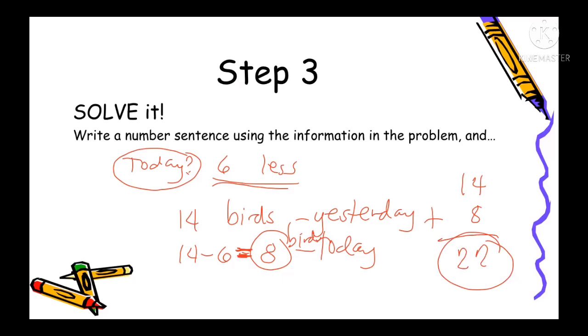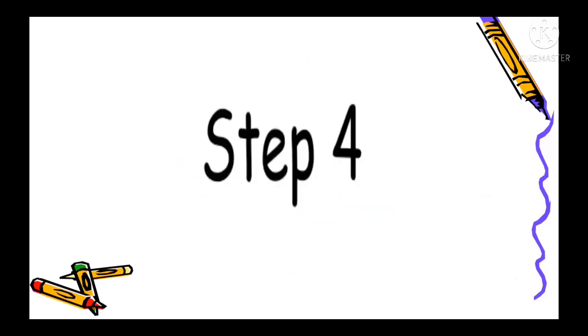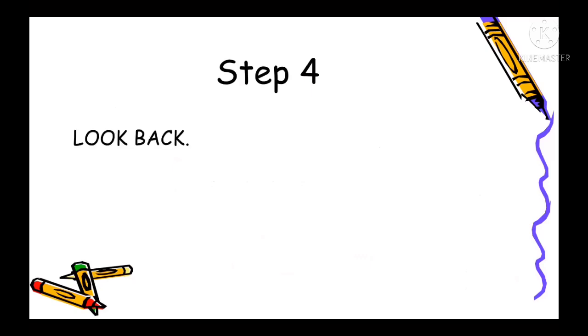Remember, step 3 is not yet the final answer. It's because we still have step 4, which is look back. So we need to find the word or the phrase or the sentence that we will put beside the number. Did you understand me?